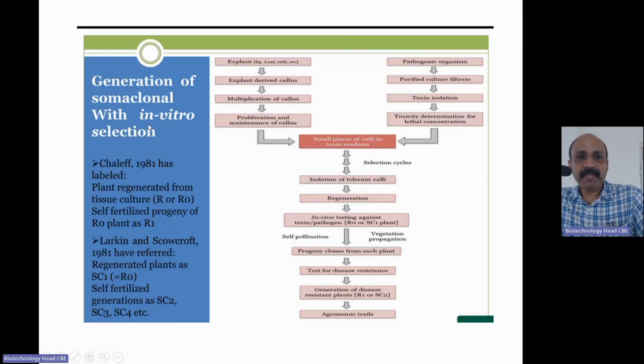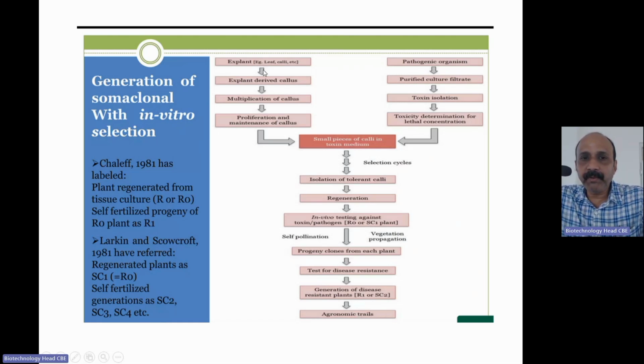Now, generation of plants with in vitro selection. This is a targeted approach where we can introduce the specific character that we are looking for. Right. This was first given by Chaleff, through Larkin, and so on for regenerated plants. These are some of the references where they have used this in vitro selection process to get desirable agronomic traits.